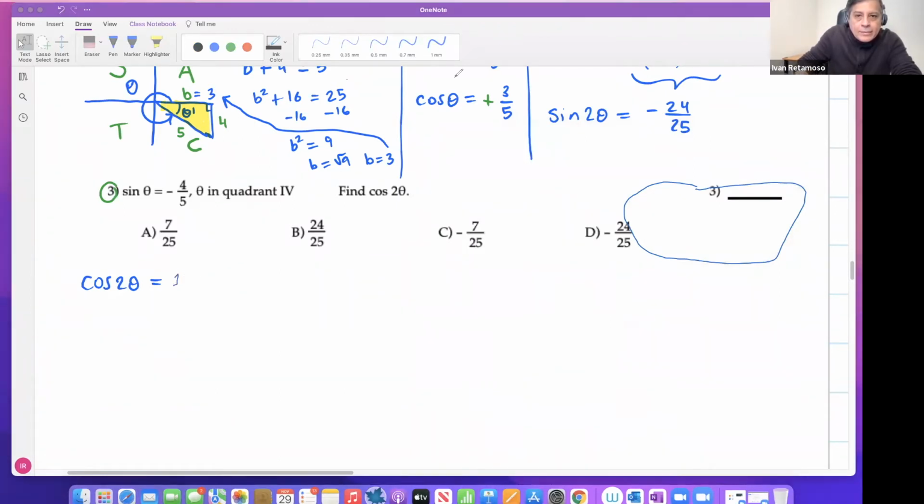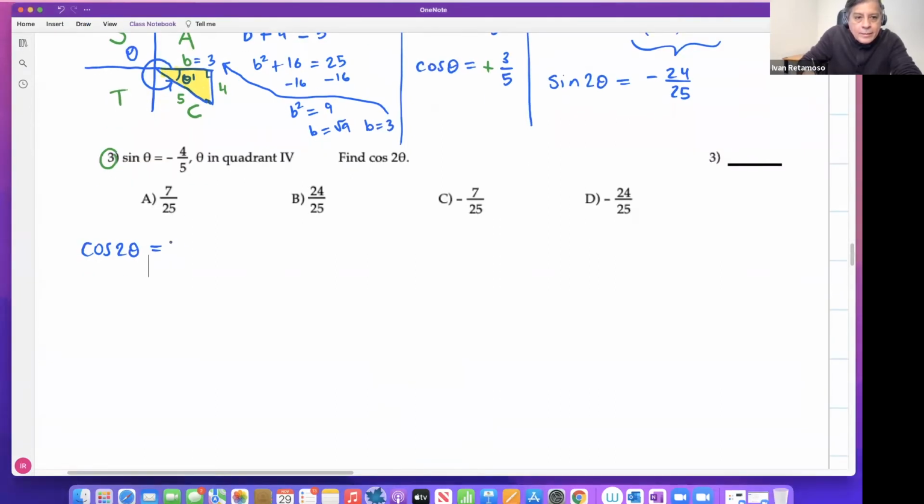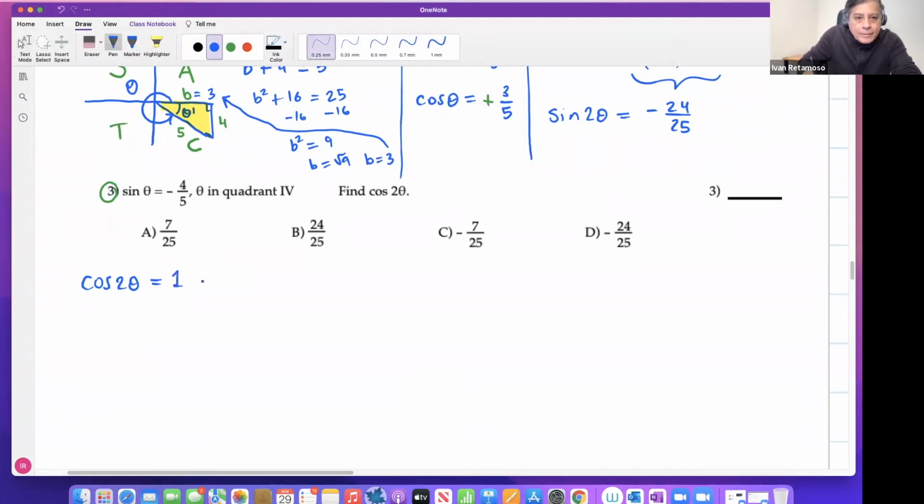You're going to get 1 minus 2 times sine squared of theta, that version. Why? Because we have this value, so we just have to replace it here.